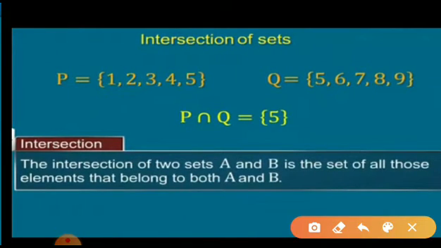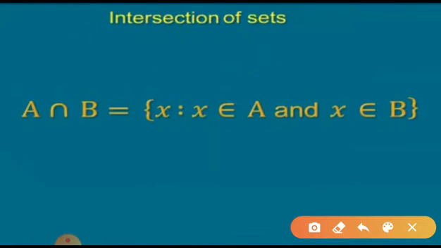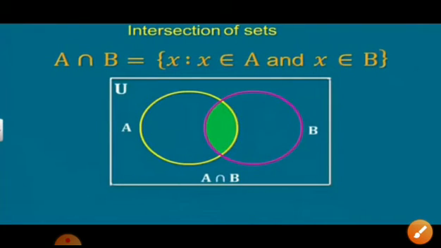Now the intersection of two sets A and B is a set of all those elements that belong to both A and B. That means they are common to both set A as well as set B. In set builder form, I'll write it as the set of X such that X is an element of A as well as X is an element of B. Now see how to represent it in a Venn diagram.